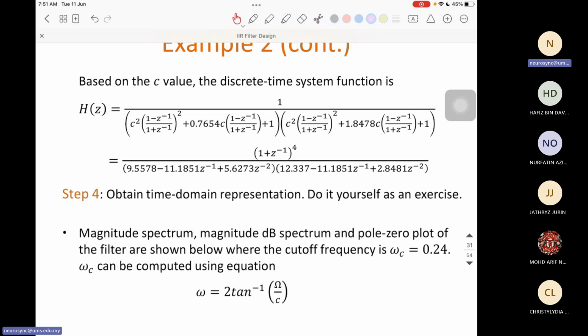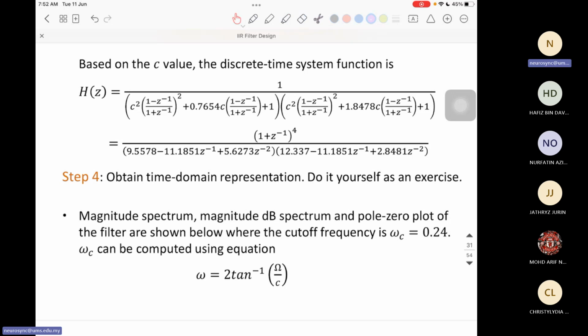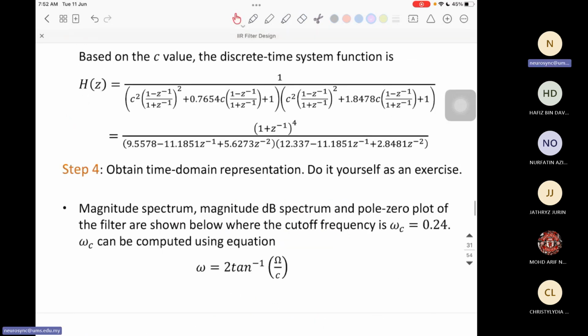And the fourth step is to obtain the time domain representation. So the time domain representation is simple now. So h of z, I can write this is equal to y of z divided by x of z, or equal to y of n divided by x of n. So cross multiply and write the equation in terms of y of n. Like this, I can get the difference equation in the final step.